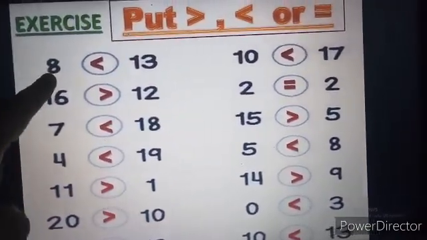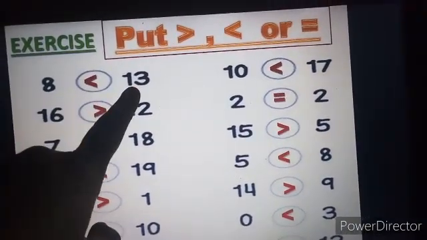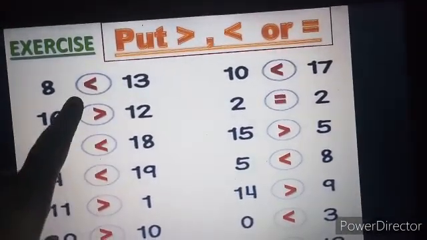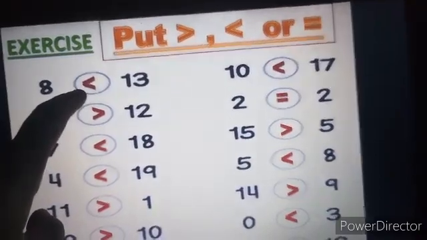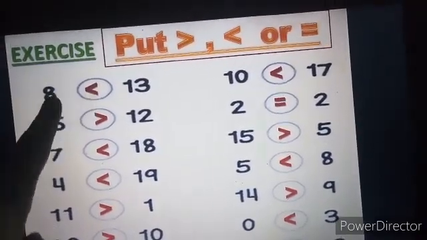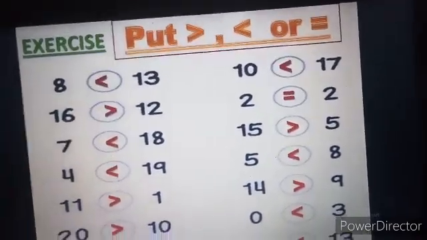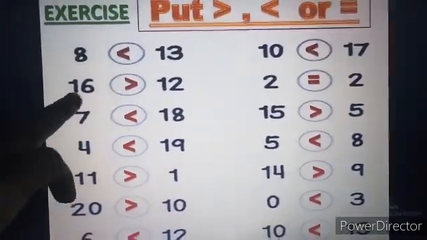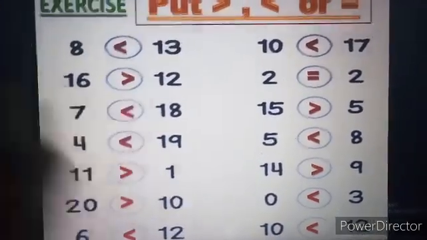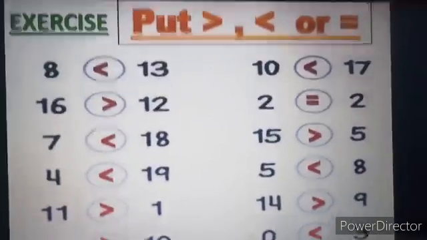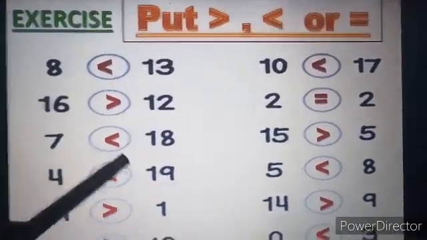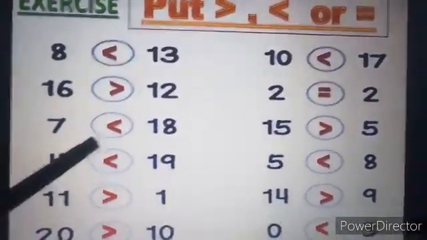Now let's start from the first. 8 is less than 13. As this symbol denotes what? Less than. So 8 less than 13. The next 16 is greater than 12. The next 7 is less than 18.